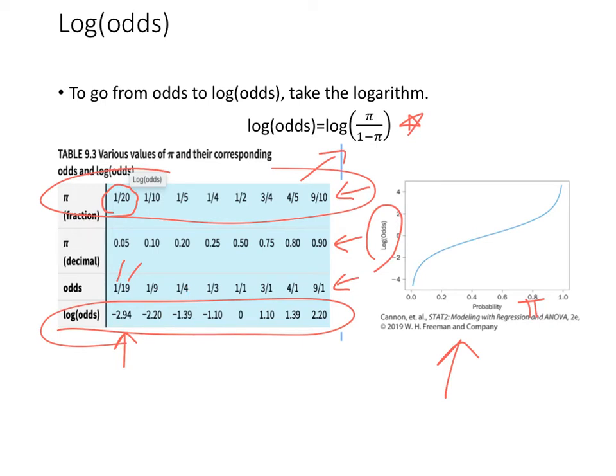The second thing I want you to notice is that log odds is a strictly increasing function, so log odds can take on any value between minus infinity and infinity. If we want to use a linear predictor, and that's what we want to do, we're going to want to predict log odds based on a linear function.